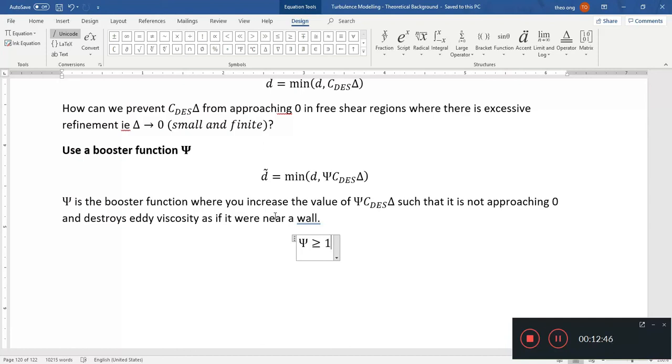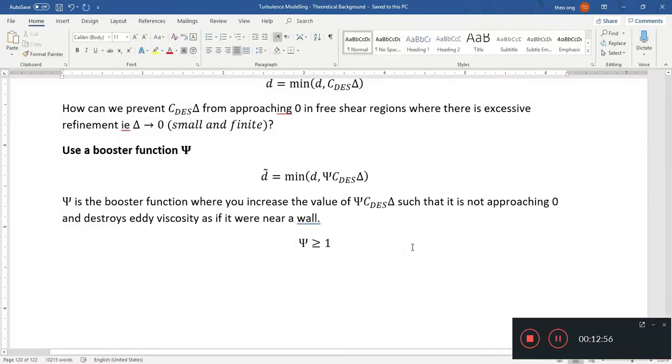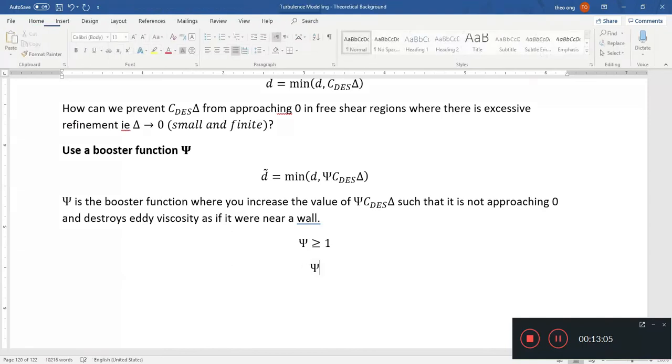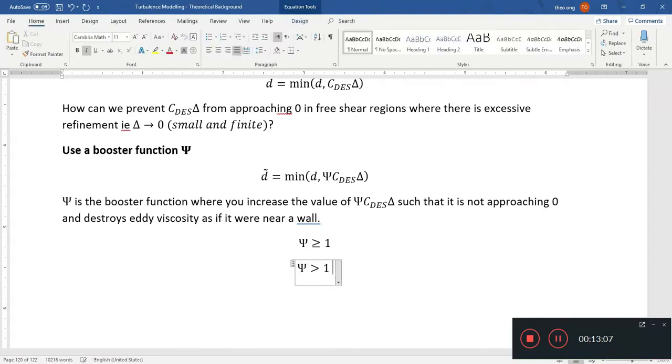It should be more than 1 to correct for this grid refinement problem in the low Reynolds number region, where you have this model stress depletion like phenomena. So psi should be greater than 1. This should activate in 2 conditions. First, low Reynolds number.